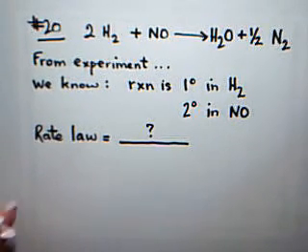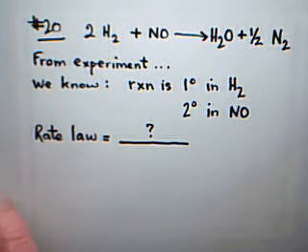It says that we know independently that the reaction is first order in hydrogen gas and second order in nitrogen monoxide. And we're asked to give the rate law expression.